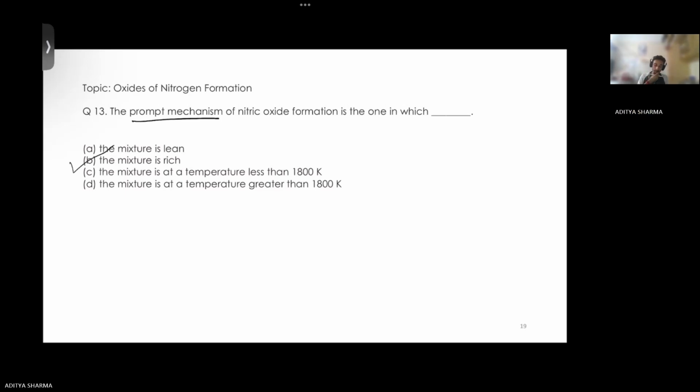Okay, so this is the answer to this question. And then the third was your intermediate mechanism, the N2O intermediate mechanism, which was seen in case of lean mixtures. So the option is correct.